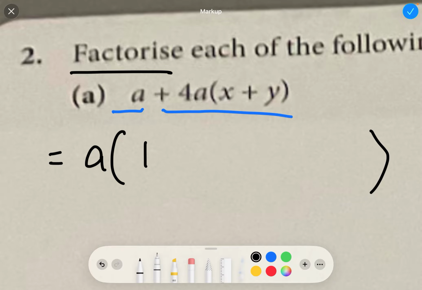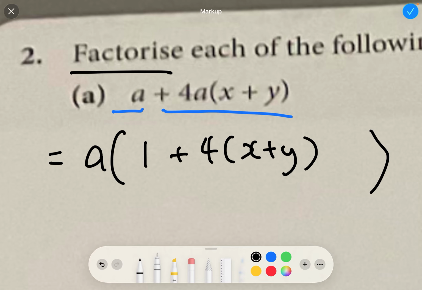The second one, plus 4A times bracket is the entire term. When I divided by A, I will have 4 times the bracket. Okay? Just divided by the A away only. So from the back left like that.